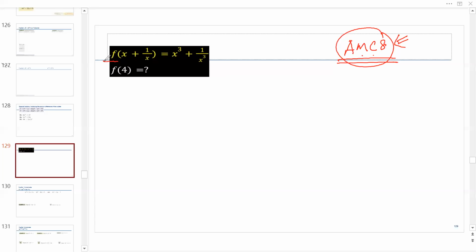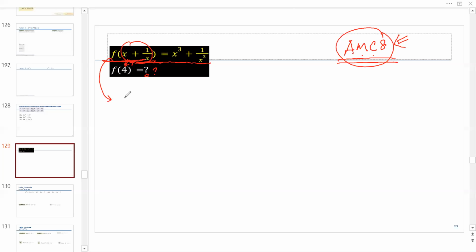This is a function, f of x plus 1 over x equals x cubic plus 1 over x cubic. So when the inside part, x plus 1 over x, equals 4, what would the result be? This exactly uses what we're learning right now. Let's see here.